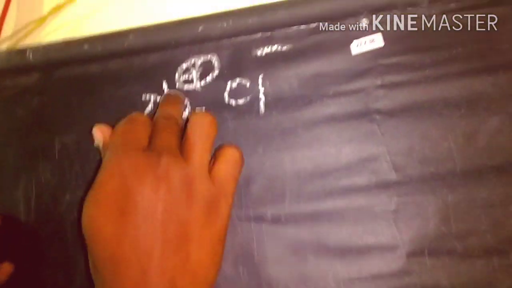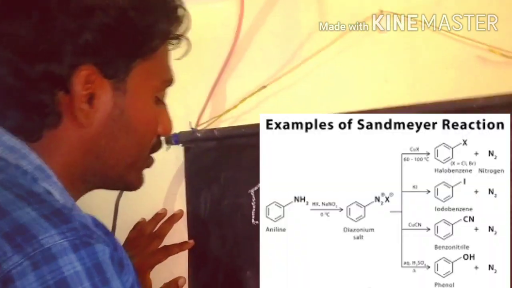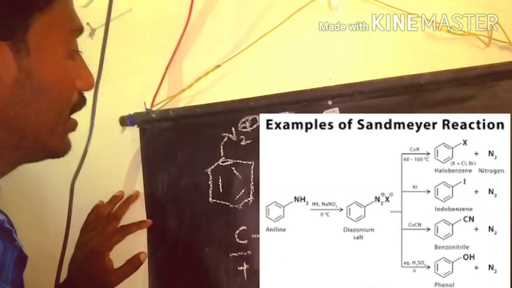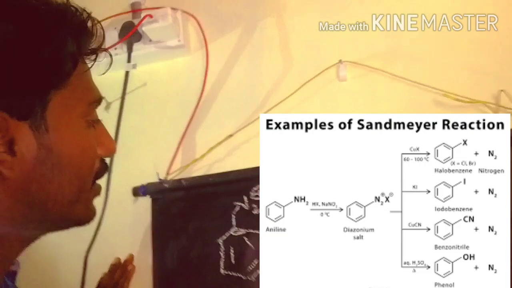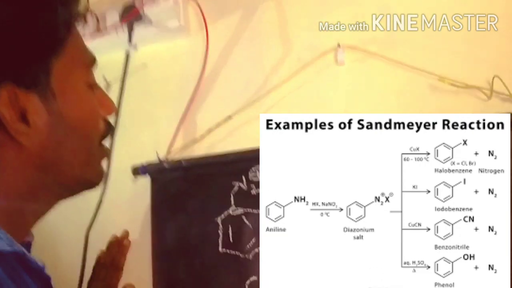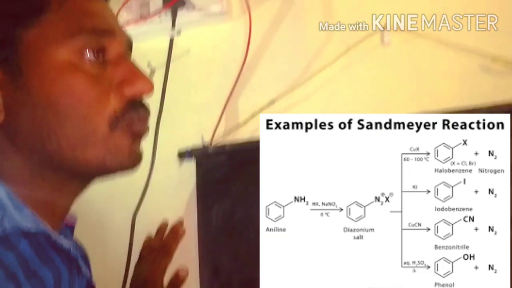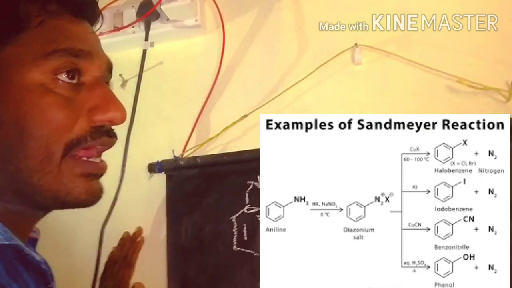Look at the bonding between the carbon of the benzene ring and the nitrogen. The carbon has less electron density than nitrogen, so the carbon carries a positive charge and the nitrogen a negative charge. For this reason, we can use this aryl diazonium salt to prepare many compounds, like aryl halogen compounds.